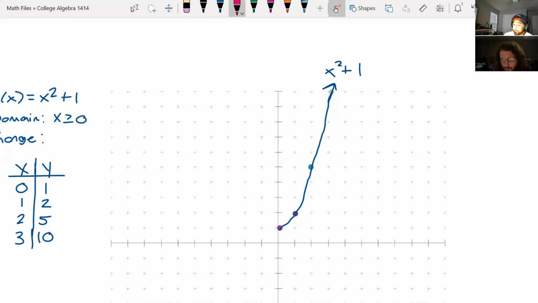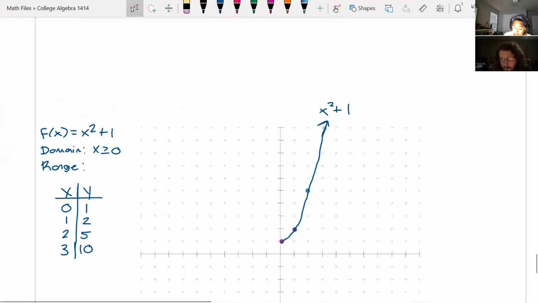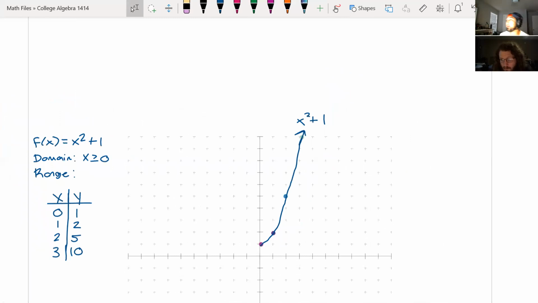And now, if I draw a horizontal line through it, I only intersect it once, which means this is definitely a one-to-one function now, which means we can find its inverse. So let's go ahead and do that.